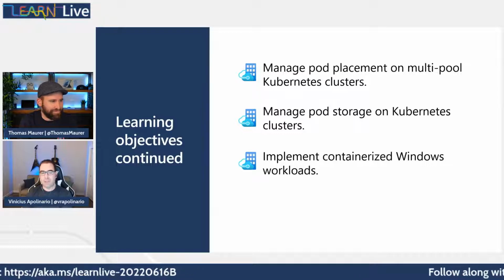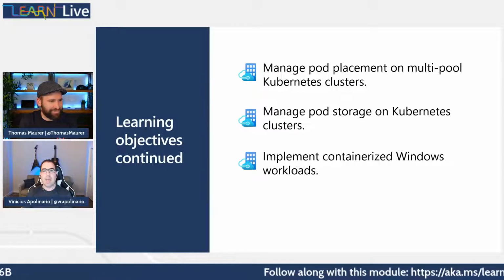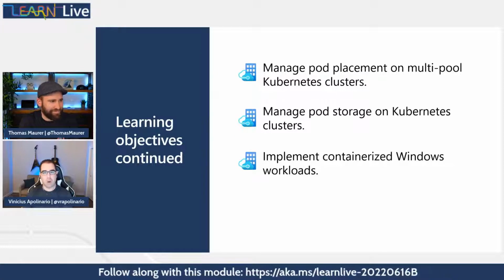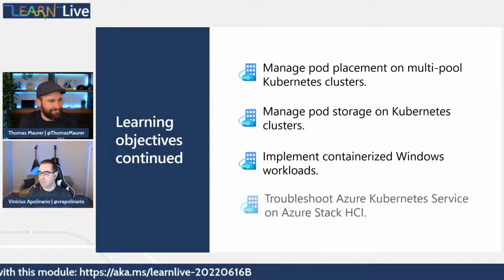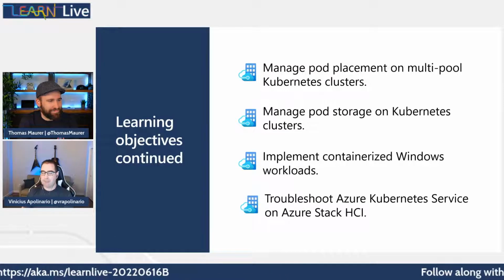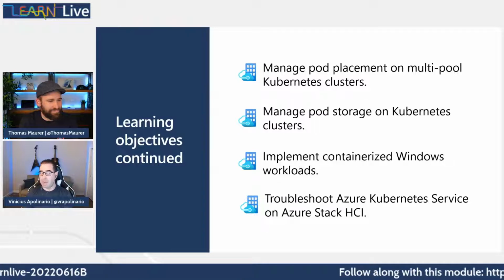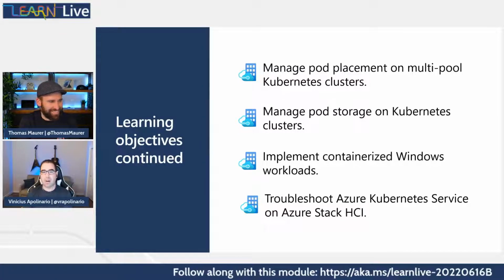So Windows is very specific in terms of how it is placed in Kubernetes. And specifically for Active Directory integration, there are some things you should know before you deploy containerized workloads for Windows. We're going to cover that as well. And last but not least, how to troubleshoot your AKS on Azure Stack HCI environment.